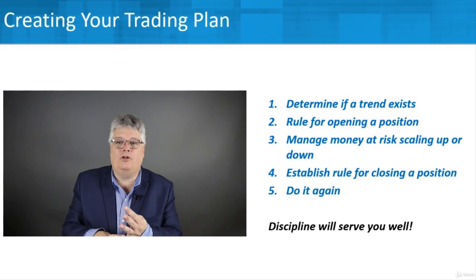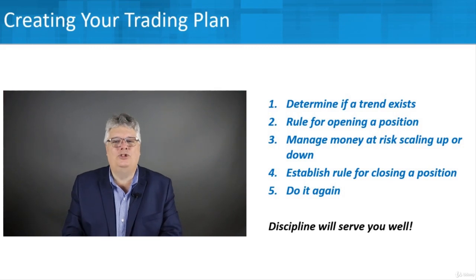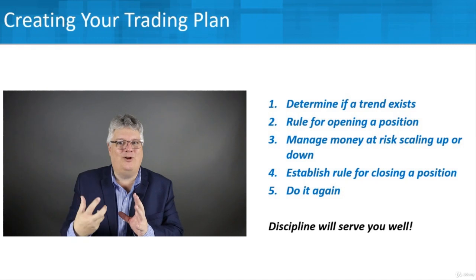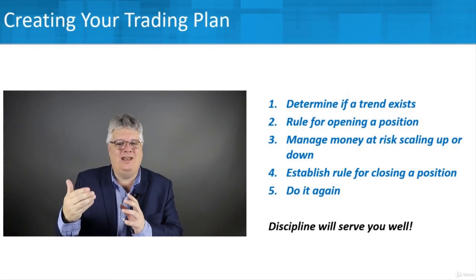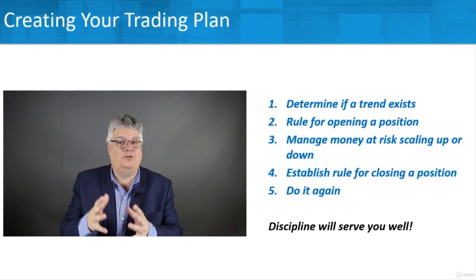Establish a rule certainly for closing the position, so you need to know when to buy. But number 4, you need to know how to sell, and then doing it again and how you want to approach that. And again, that discipline will serve you well. If you follow your plan here, as you deviate from any of these 5 points in the plan, then it gets a little bit less efficient and maybe less profits for you.